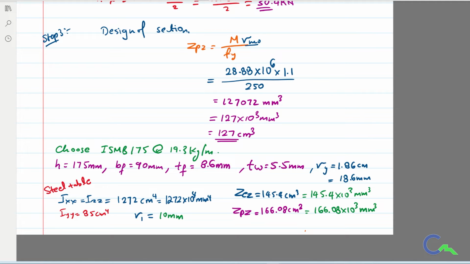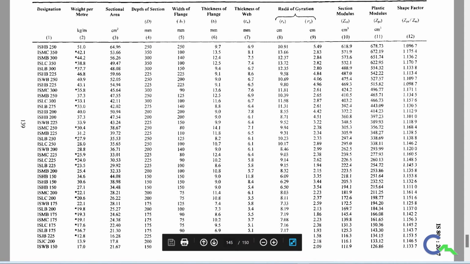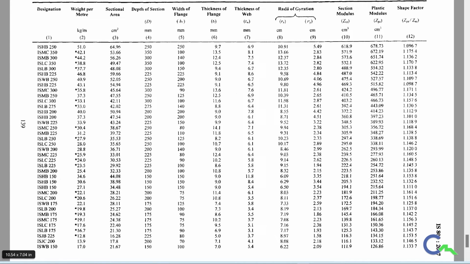I have chosen here ISMB 175. Let us see here, ISMB 175. So if you see the value of ZPZ, that is 166.08.